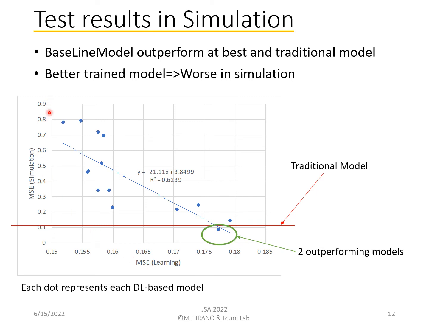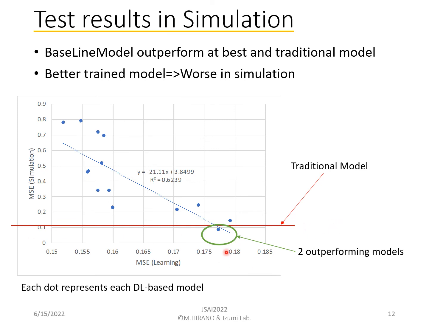On the other hand, the vertical axis means MSE in simulations, which means how natural the behavior each deep learning-based model shows in the simulation environment. And then the red line means the performance of the traditional HFTMM models in the simulation environment.